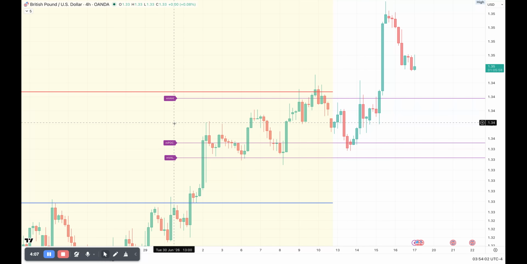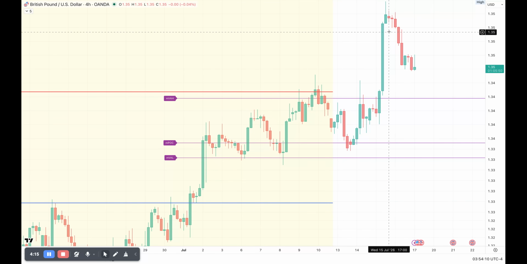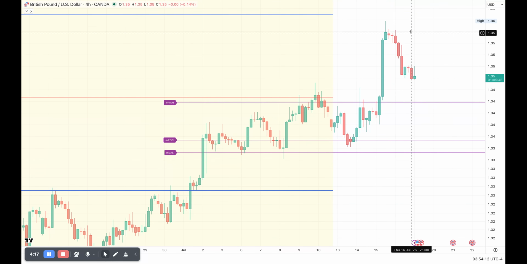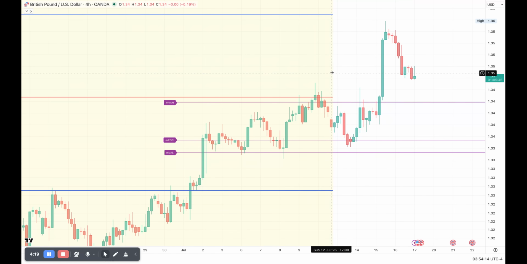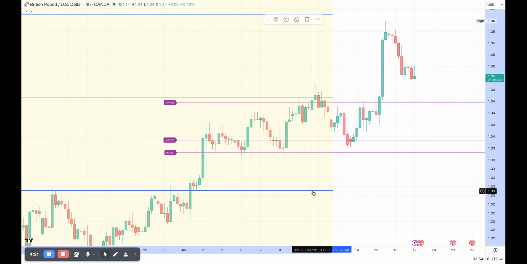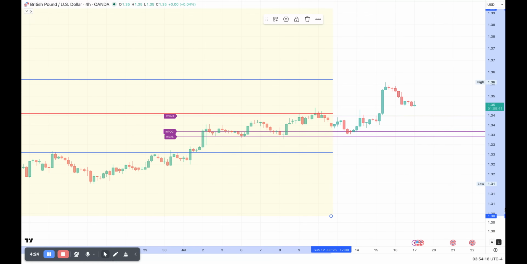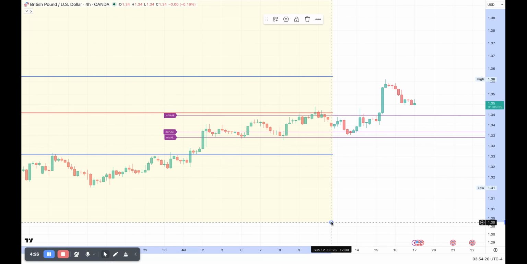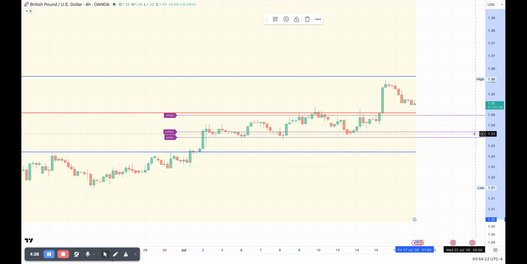The monthly value area high is currently over here and possibly a support for price that went up. It also almost met the value area high. Let's extend this so it includes the current price action.